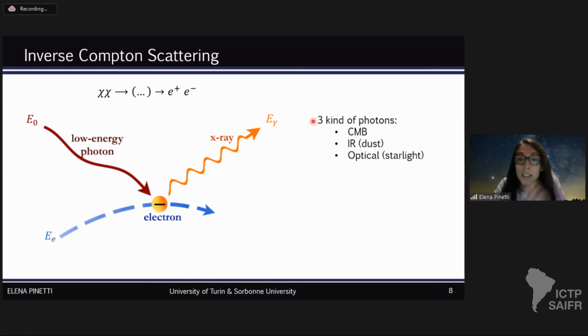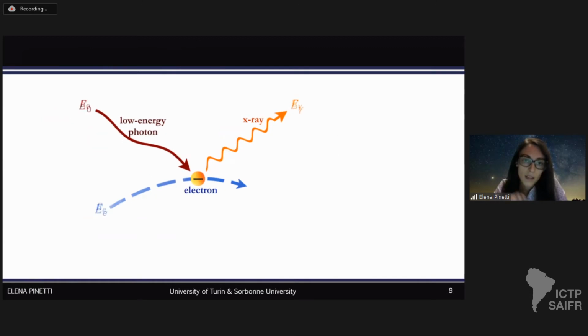In our analysis, we consider 3 kinds of low energy radiation fields in our galaxy: CMB, infrared light from dust, and optical starlight. And as you already know, in the inverse Compton scattering, the electron interacts with the low energy photon and transfers part of its kinetic energy to the photon. Therefore, the final photon will have a higher final energy.